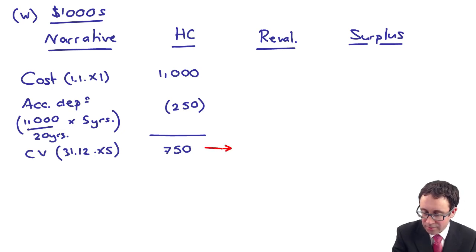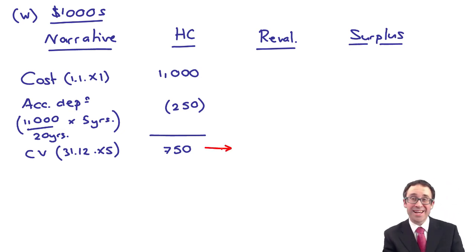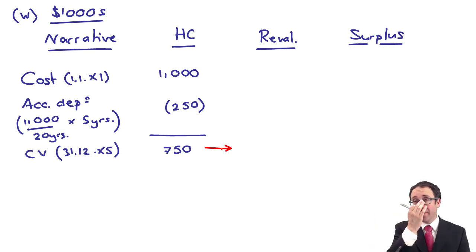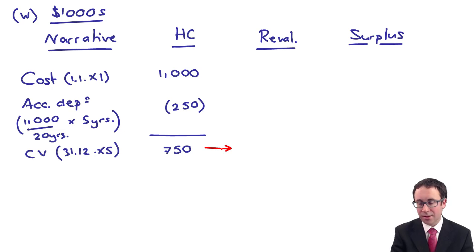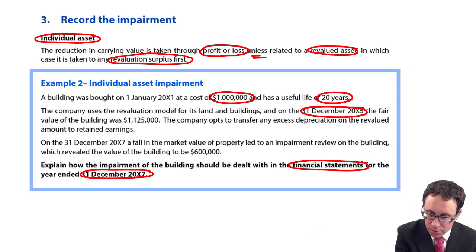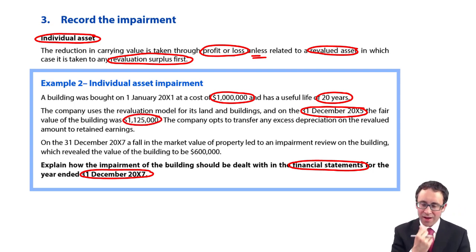And then on that date in X5, remember our year end is X7, so this is what's happened in the past. We need to know what's happened in the past to find out what happens this year. That 750 would have been revalued up to $1,125,000.